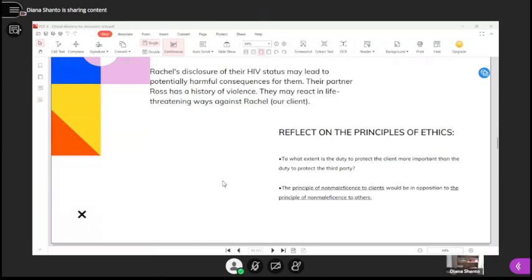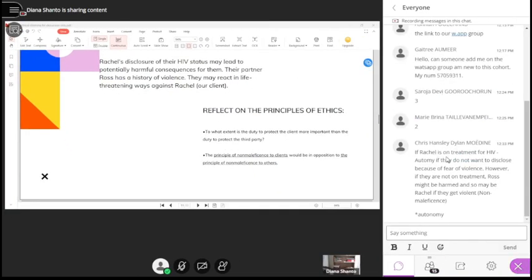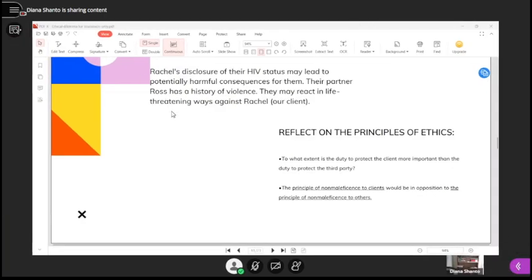Even if she's on treatment, but she has unprotected sexual intercourse, Ross might get infected because he might not be following treatment. Parce que when we do the unit in sexuality and health, we will do unit 5 on HIV/AIDS.